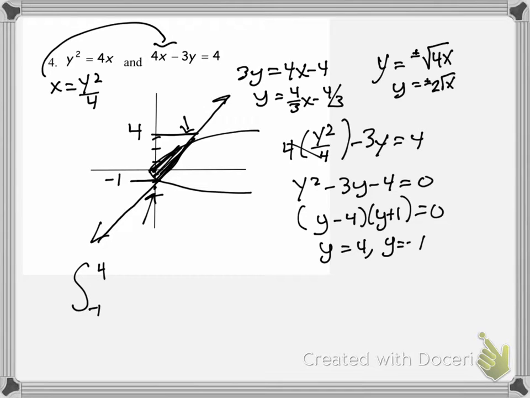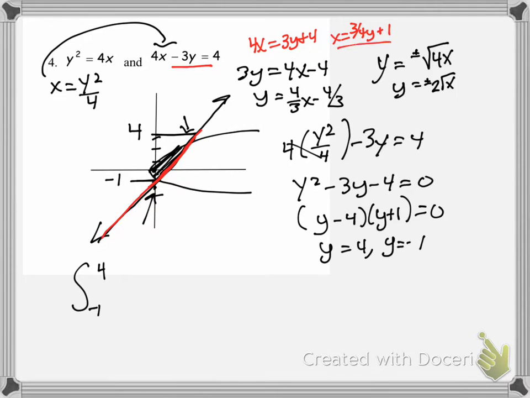Okay, now let's get inside the interval. This line would be my rightmost, which is the 4x minus 3y equals 4. I have to solve this for x to do it right. So 4x equals 3y plus 4, so x equals 3/4 y plus 1. Did I do that right?